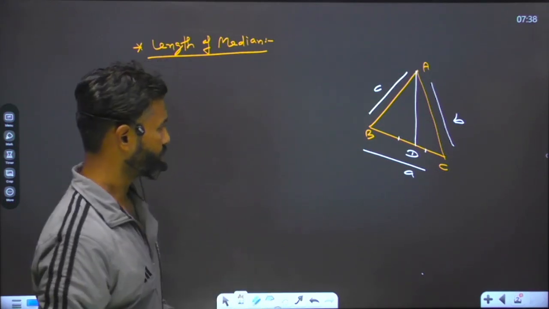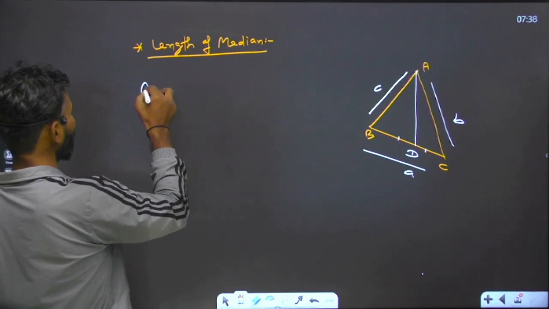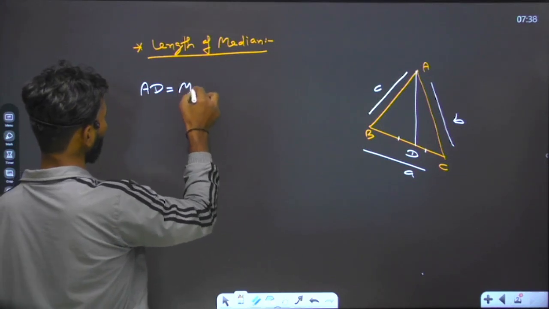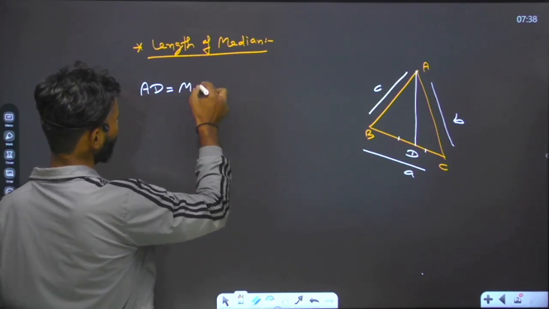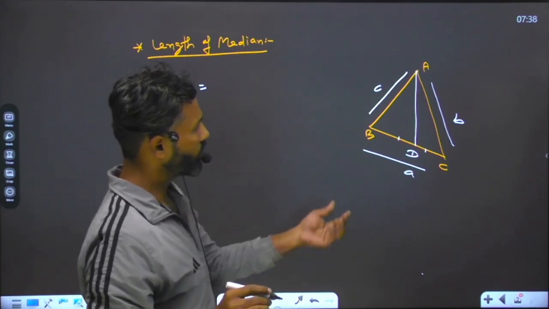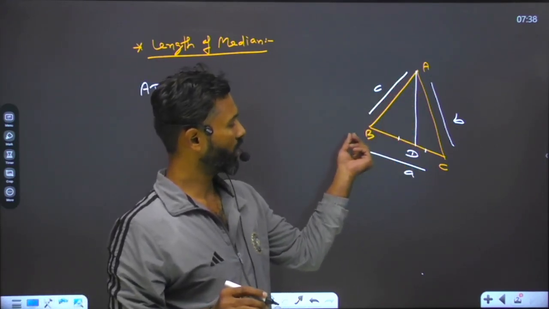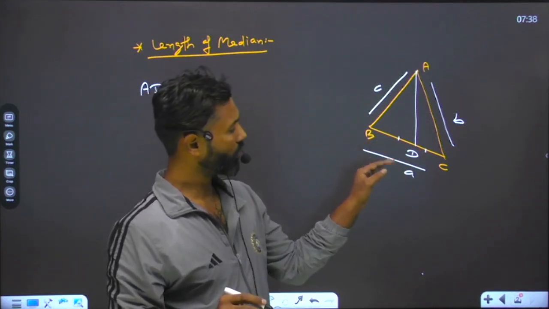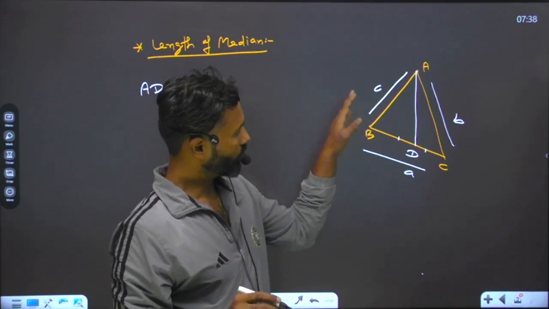AD is the median, and I'm denoting it as M1, the first median. Firstly you have to think on which side AD is dropped. AD is dropped on side BC, and the length of BC is a. So we will use the other two sides, b and c.